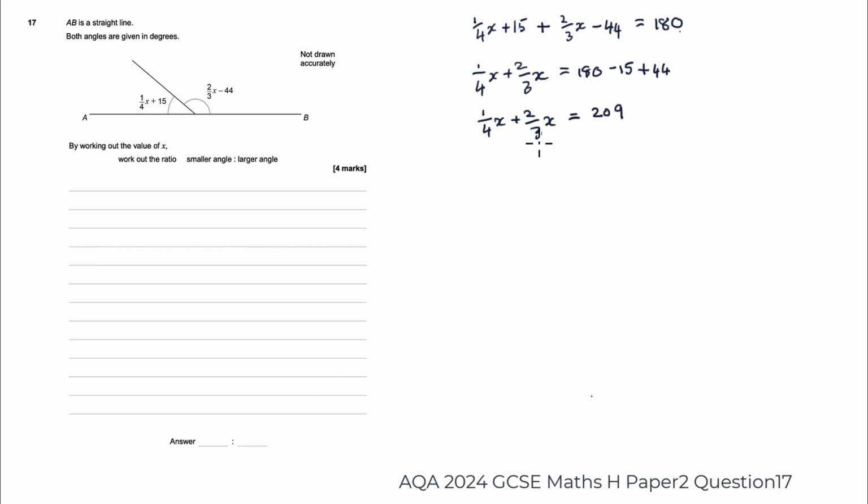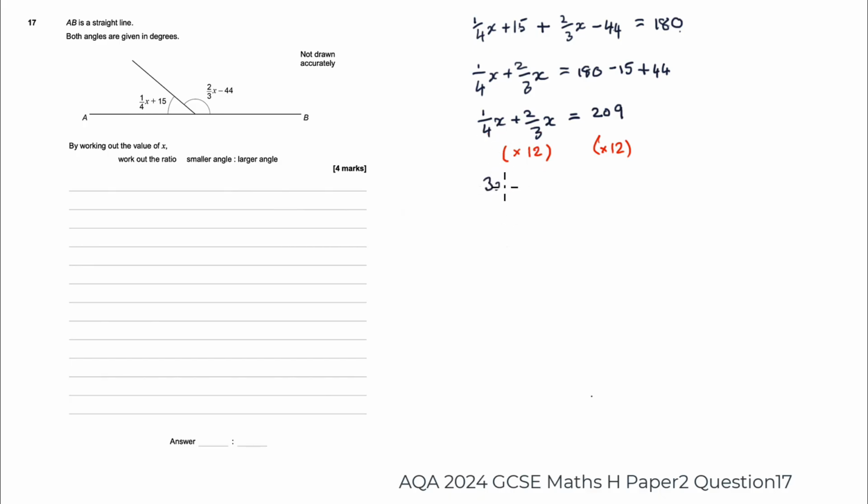Now I'm looking at these fractions. Next step is to get rid of these fractions. And what I'll do is take the left hand side and multiply everything by 12. Now the reason I'm doing that is because 4 and 3 both go into that 12, so that would simplify these. So take both sides and multiply them by 12. Okay, so 12 times 1/4 x. Quarter of 12, 4 into 12 goes 3.